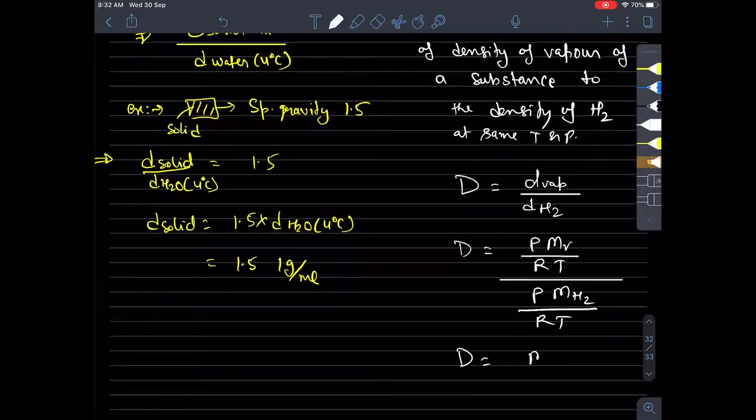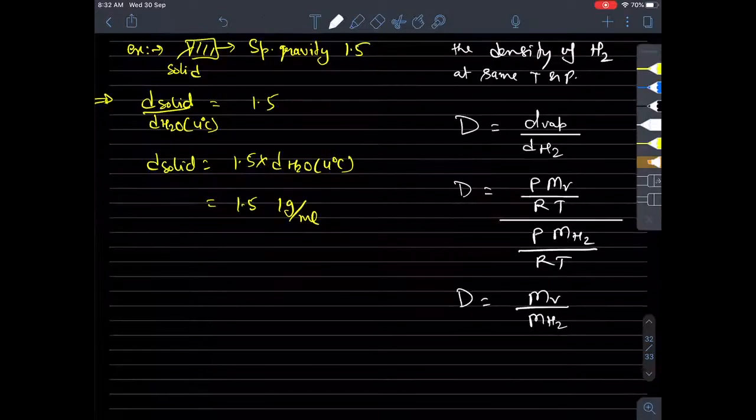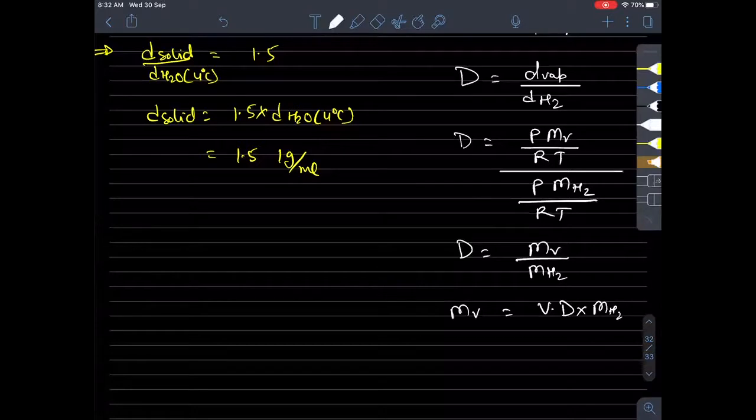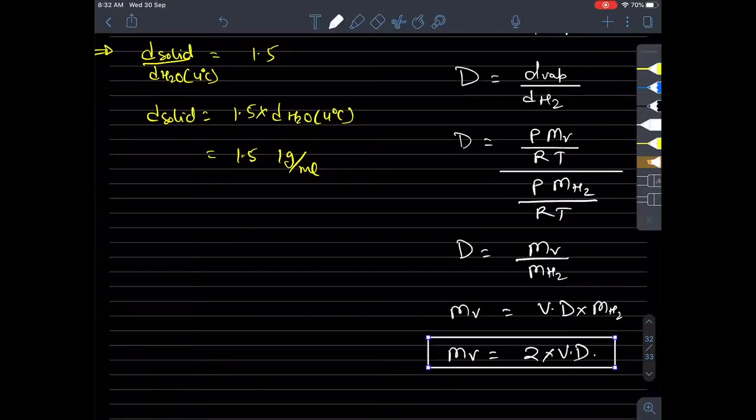Density will be molecular weight of vapor upon molecular weight of hydrogen. So molecular weight of vapor will be equal to vapor density multiplied by molecular weight of hydrogen, and that is how you remember molecular weight of vapor is equal to 2 into vapor density. This is one of the very famous relations of molecular weight.